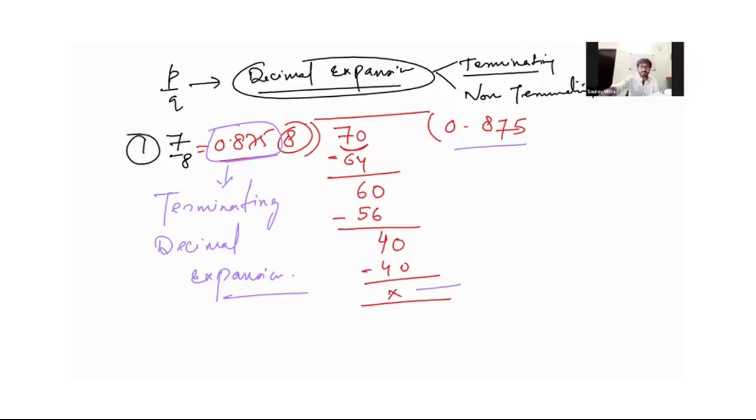Okay, let's check another example. Let us check 8 by 3. If I divide 8 by 3, it goes 2 times. Now since 2 is not divisible by 3, we take a 0 here and put a decimal.